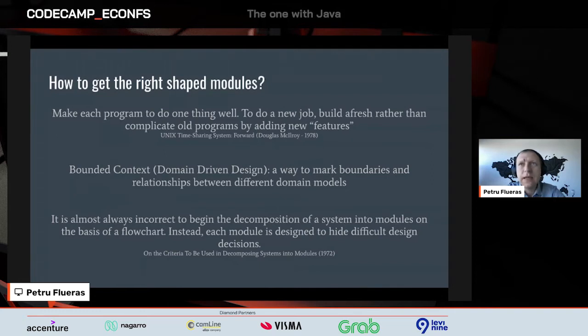As well, if we figure out, for instance, that the modules are not shaped correctly, and we want to move around classes, because yes, we are in Java at this conference, then it's pretty easy. We don't have to rebuild. We don't have to redeploy. We don't have to see runtime errors.